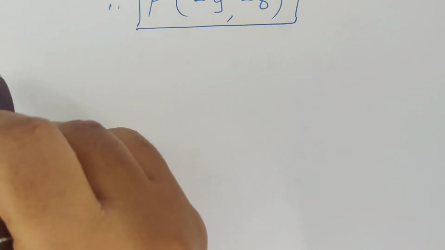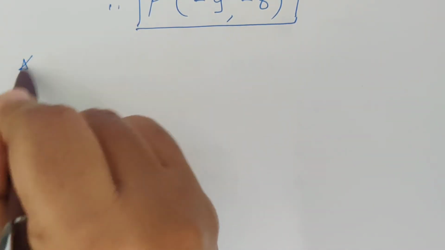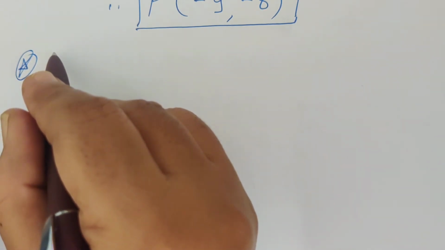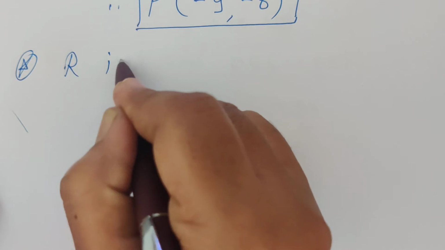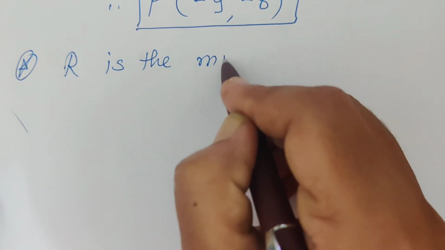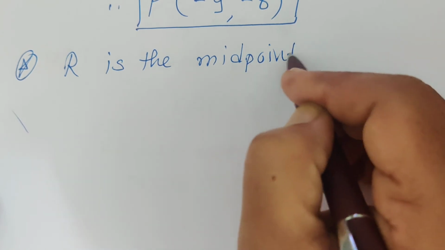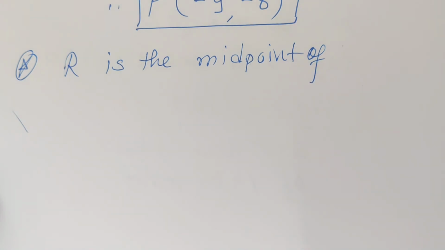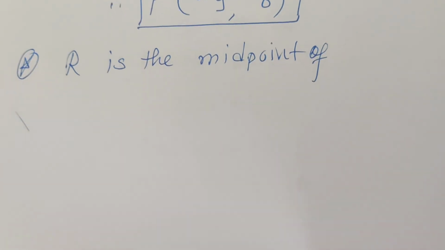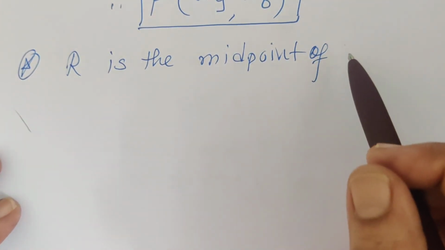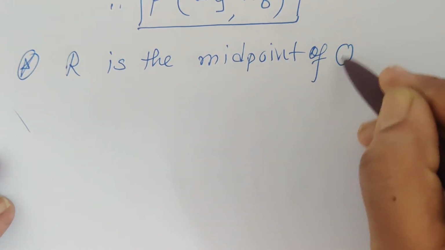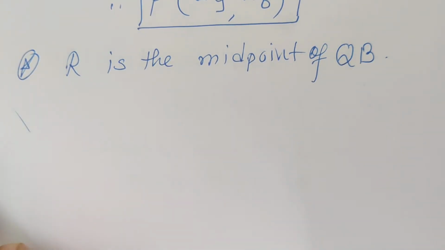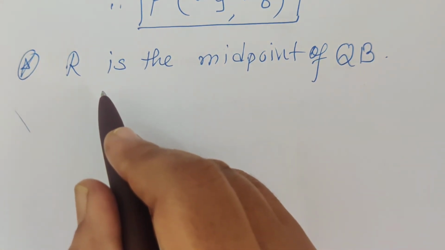And so now we will see the third part of the lesson example, that is R is the midpoint of QB or segment QB, because you can write the explanation.